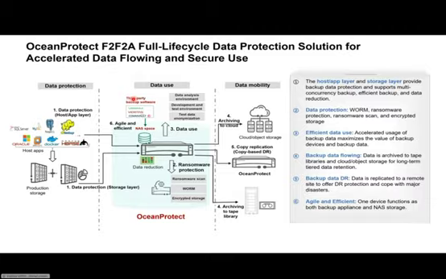Okay, this is the first scenario. The second scenario is that it can also run our own backup software inside simultaneously. So both of these two scenarios can exist simultaneously. That's why we call it one device functioning as both backup appliance and also NAS storage.